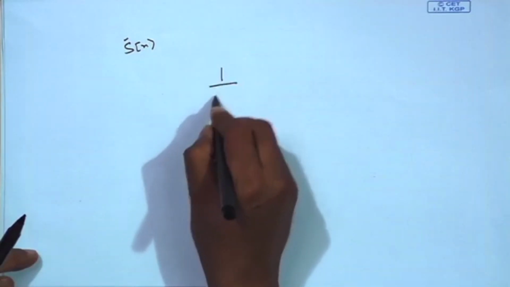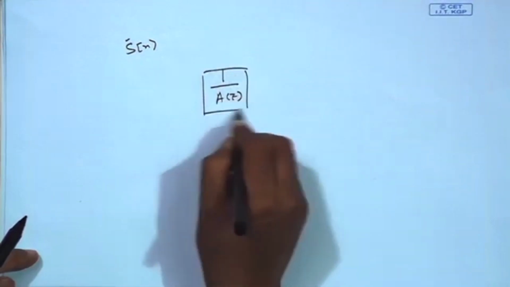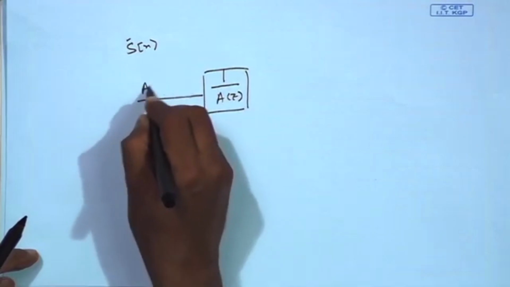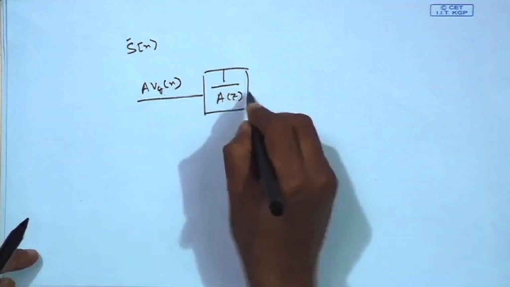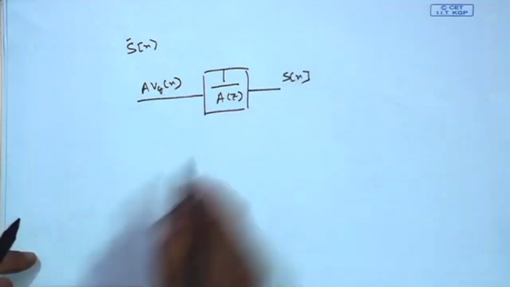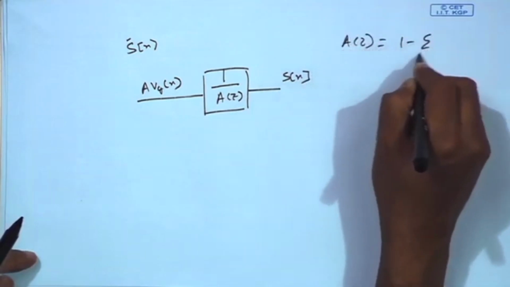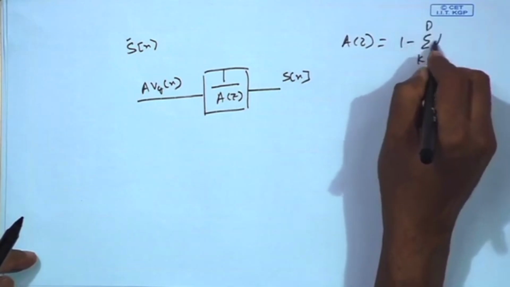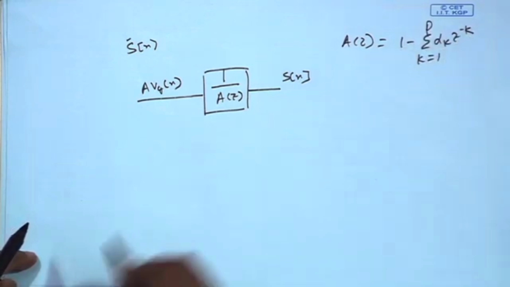If I synthesize 1 by A(z) and pass the error e[n] through this filter, I get the speech signal s[n], where A(z) is nothing but 1 minus the sum for k equal to 1 to p of alpha_k z to the power minus k. This we have done.